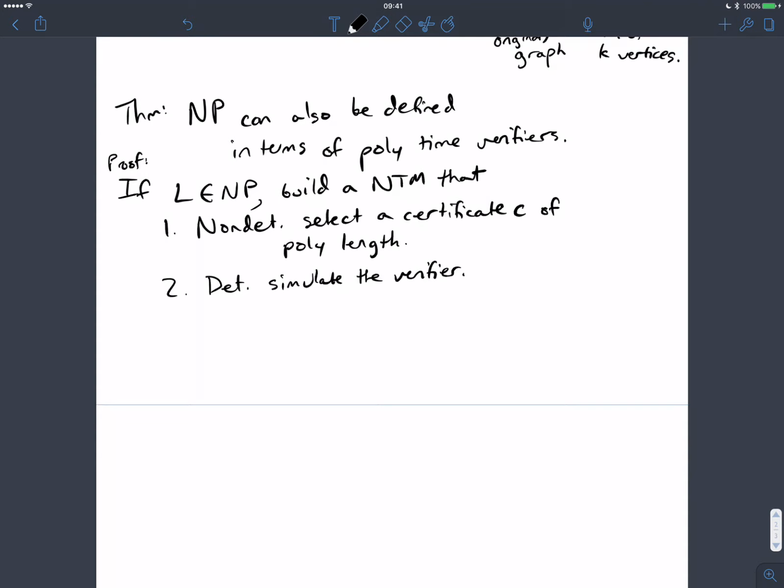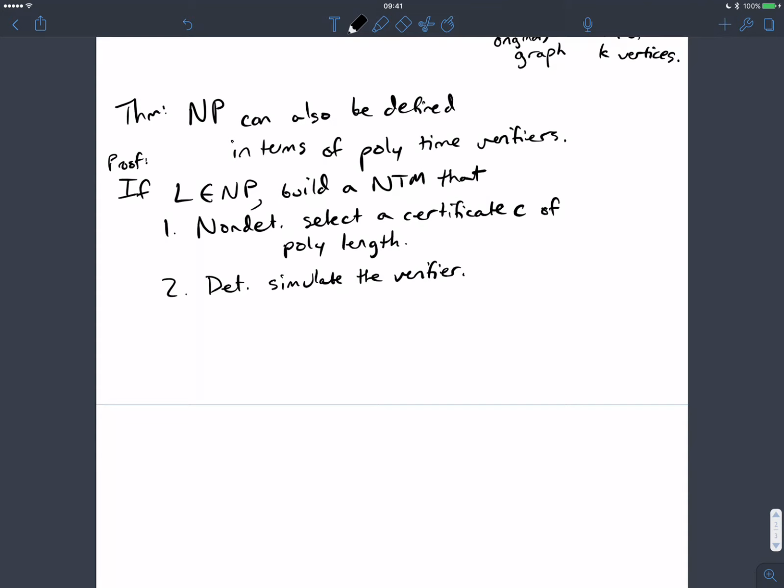Well, what we looked at is the accepting computation history of M on W. So what we're going to do here is look at that accepting computation history and let that be the certificate. Because that is a proof that the machine accepted the input W.